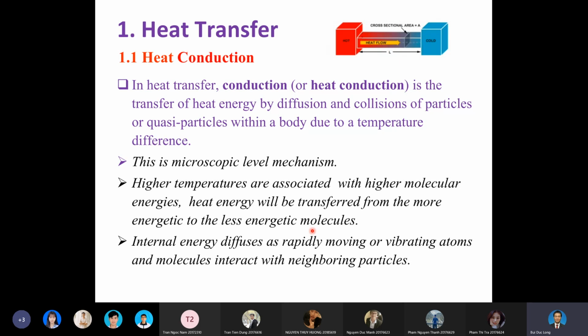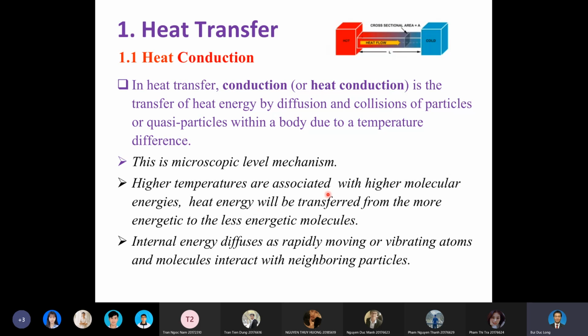If I ask you the question, what is the mechanism of heat transfer, you are able to answer based on this.